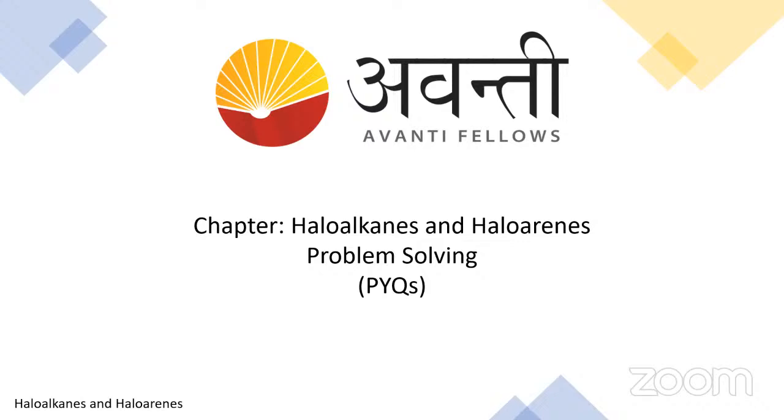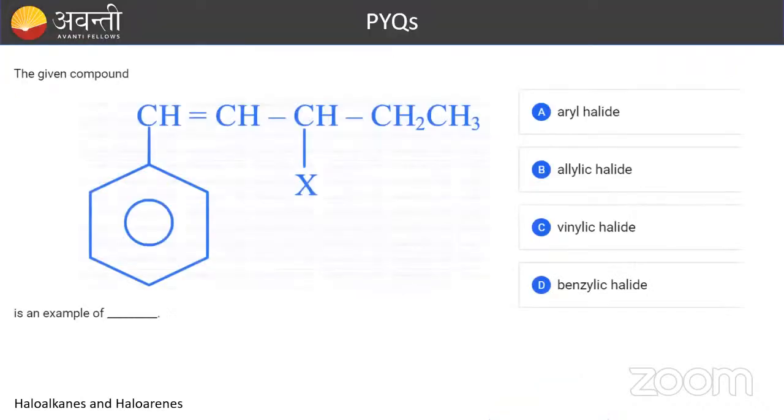So let's go ahead with the first question from this lesson. Here is a question. The given compound is an example of aryl halide, allylic halide, vinylic halide, or benzylic halide.